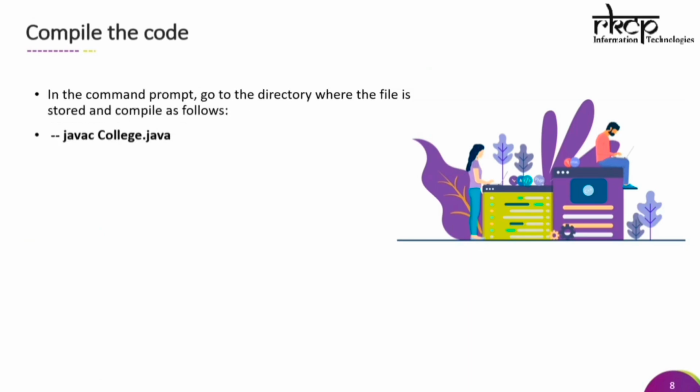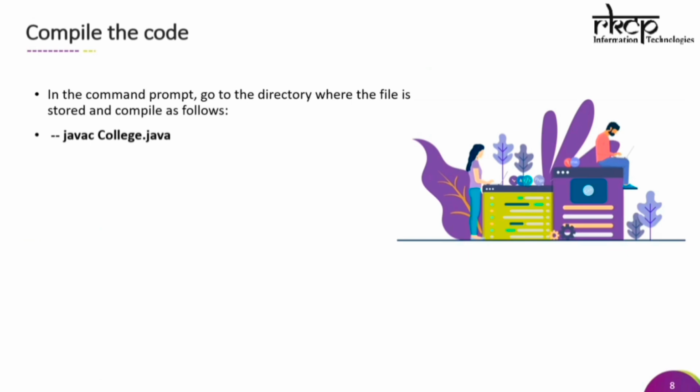After saving your Java program, it is time to compile your code. For compiling your code, the JDK introduces a tool called javac. Whenever you open your Java folder after installing JDK on your machine, it will generally be inside C drive, Program Files.